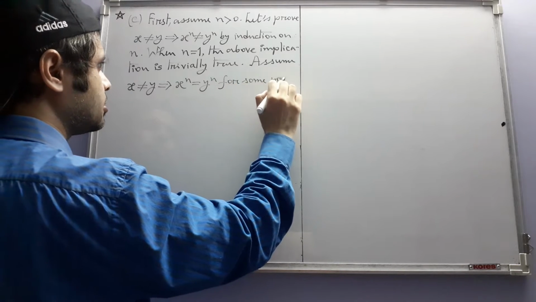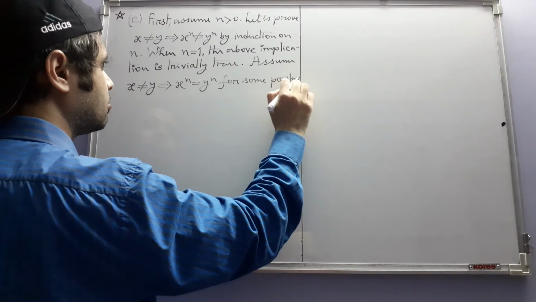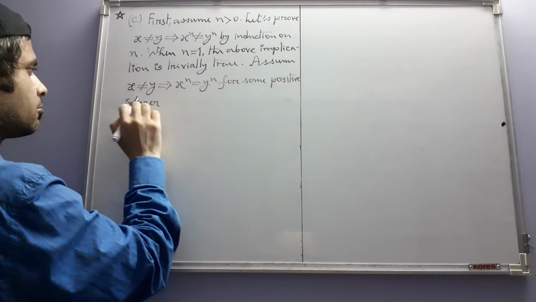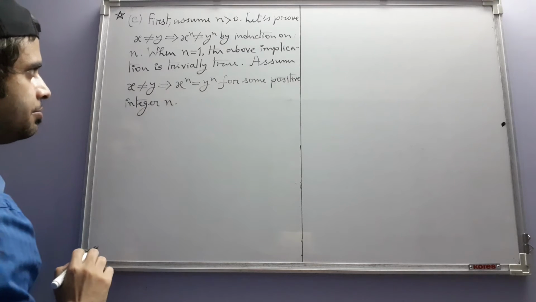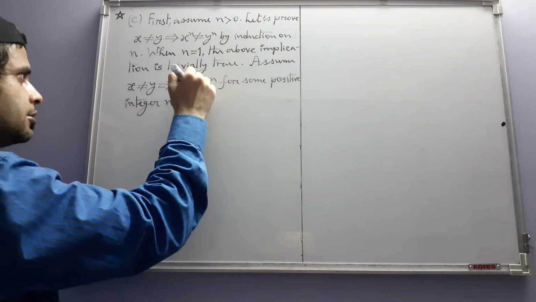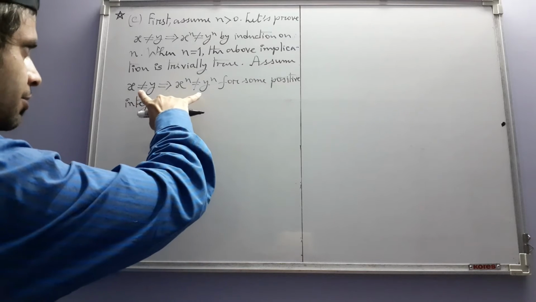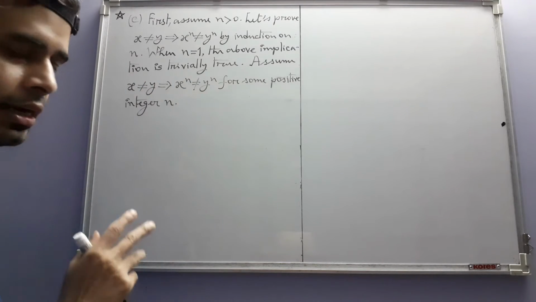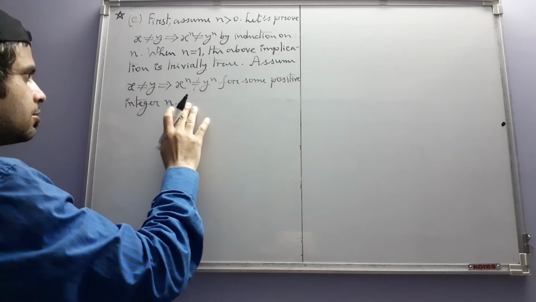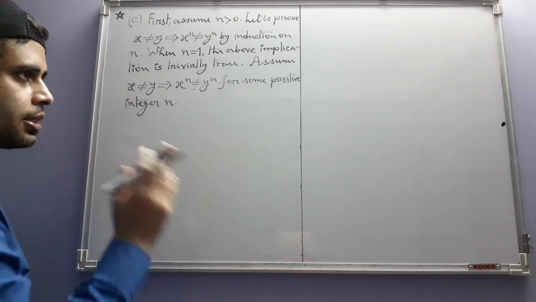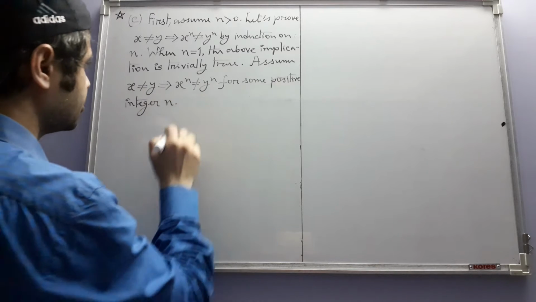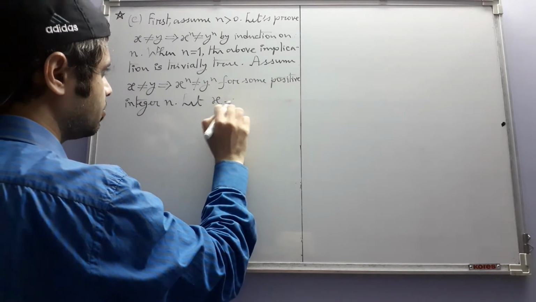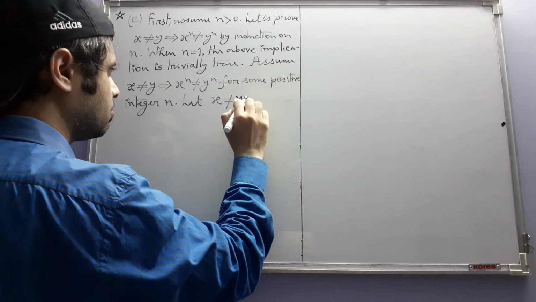For some positive integer n, we have this, x to the power n not equal to y to the power n. We now have to prove this similar implication where in place of n we have n plus 1. So for that, let's just start by assuming the hypothesis. Let x be not equal to y.